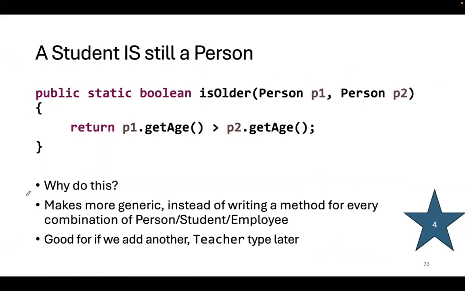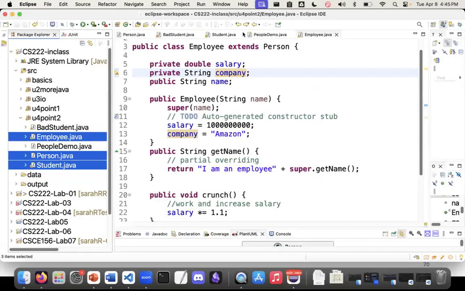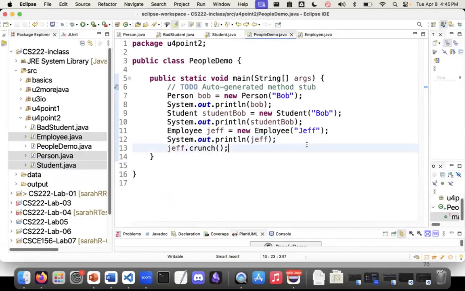Okay, so the way we find that out is that a student is still a person, right? So let's say maybe we'll have two people and one of them is older than the other. Let's make that happen over here.